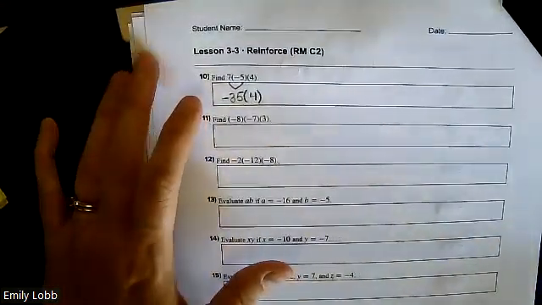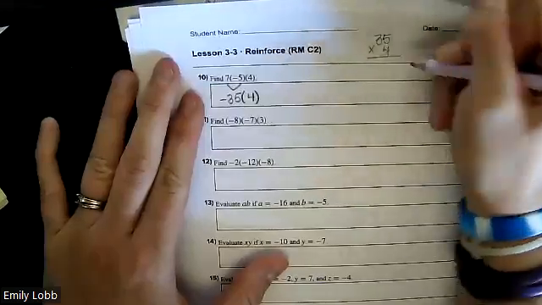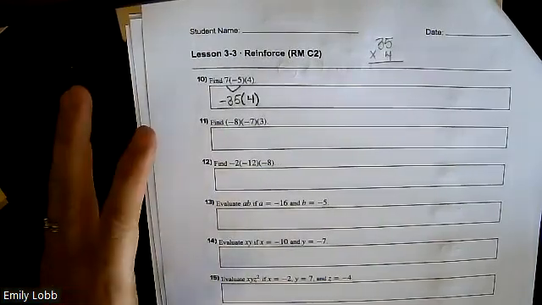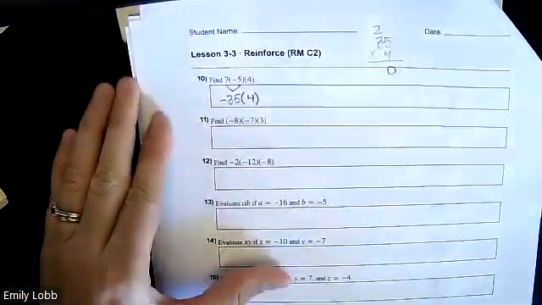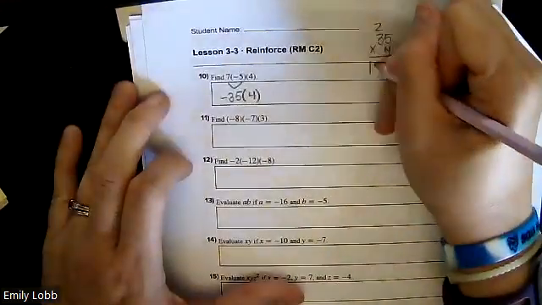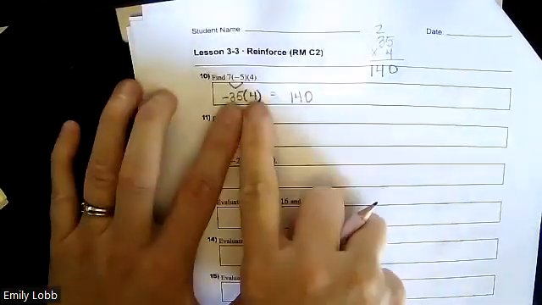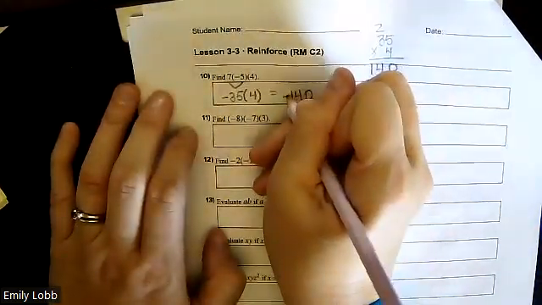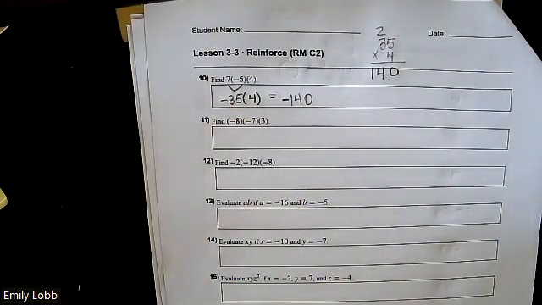This is not on your multiplication table, so you might have to write it out. 4 times 5 is 20. 4 times 3 is 12, plus that 2 is 14. So it's 140. Now, when I look at these 2 numbers, my signs are different, so my answer is negative. All right? So follow that same process and try 11 and 12.